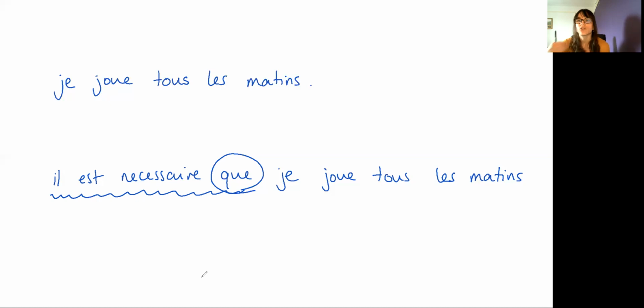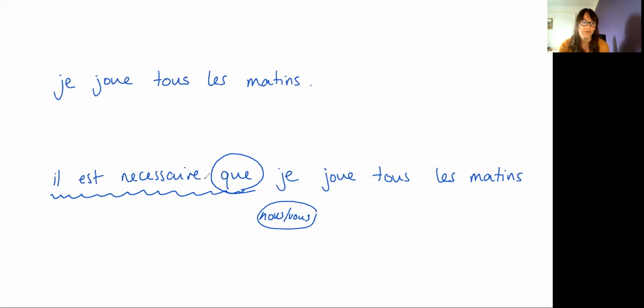However, if you wanted to write that sentence using the subjunctive, that would look really, really good. And the good thing here is that most of the time you'll just write it in the present tense, except for nous and vous, of course.